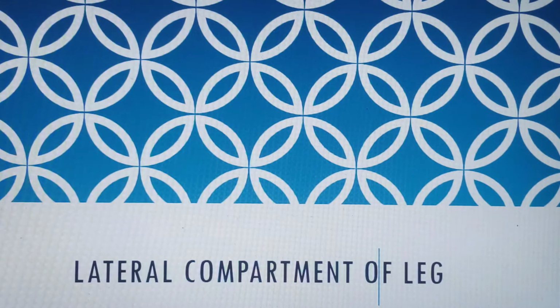The constant ones will be tibialis anterior, extensor digitorum longus, as well as extensor hallucis longus. For the lateral compartment, there are just 2, and they are the peroneus longus and brevis. They are going to be very important in eversion of the foot, with support coming from peroneus tertius, which I've already explained.